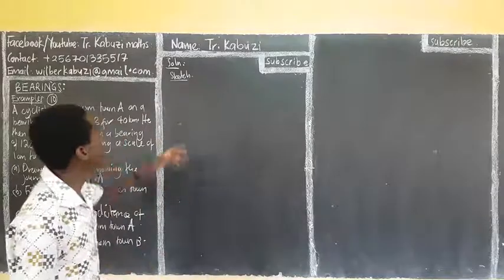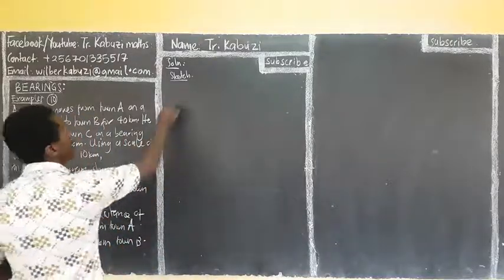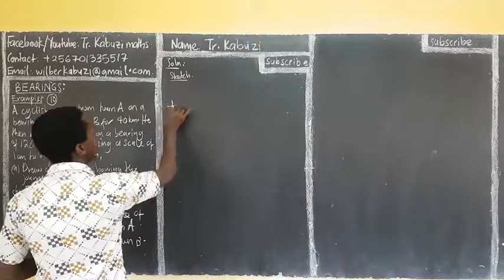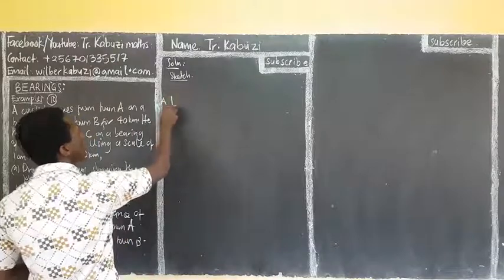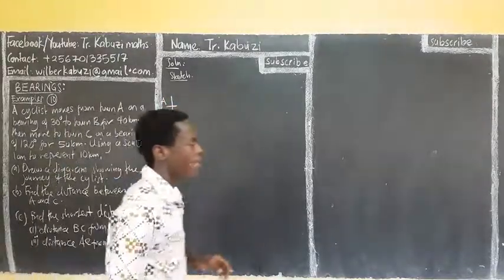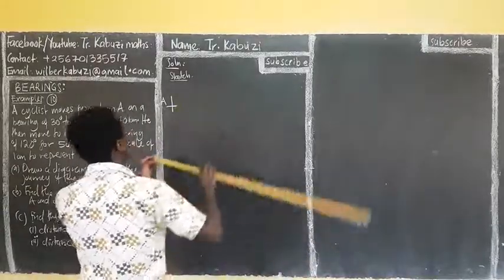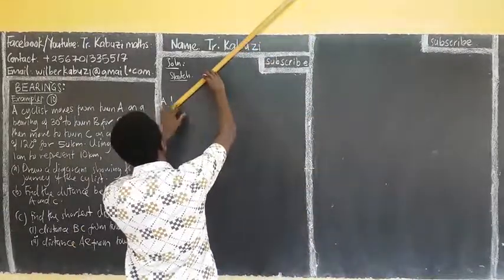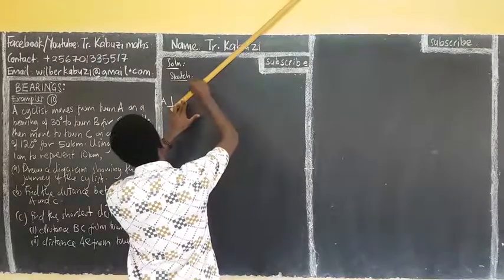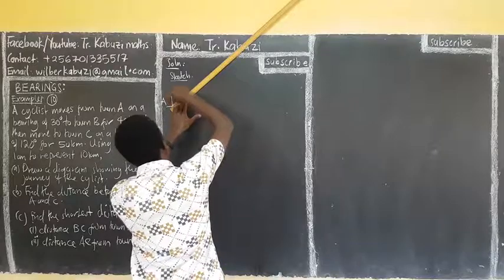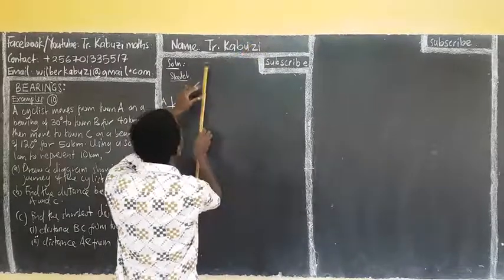So now I'm going to start with a sketch. This man is at point A, town A. At town A he sets a course of 30 degrees. So if these are going to be my 30 degrees, I join there for 40 kilometers.